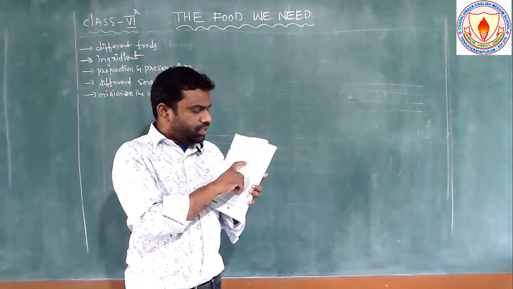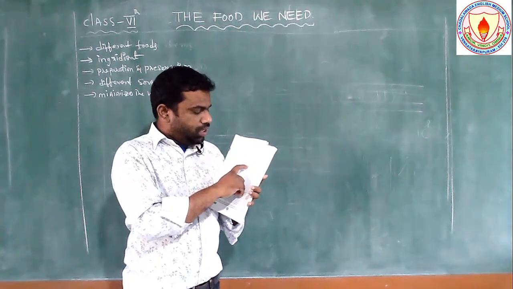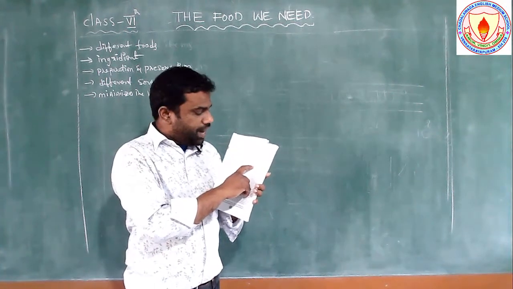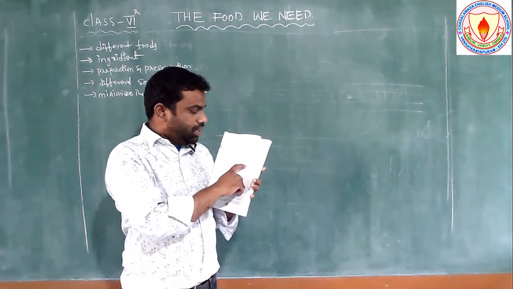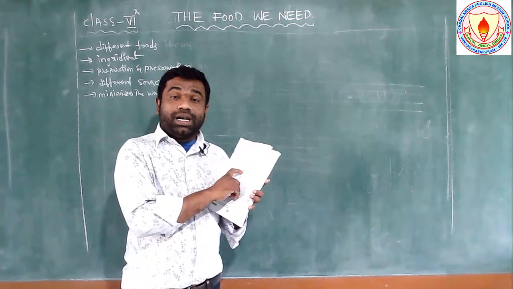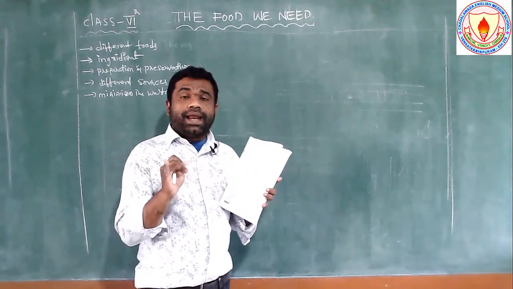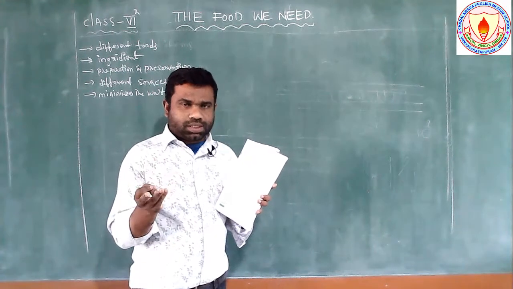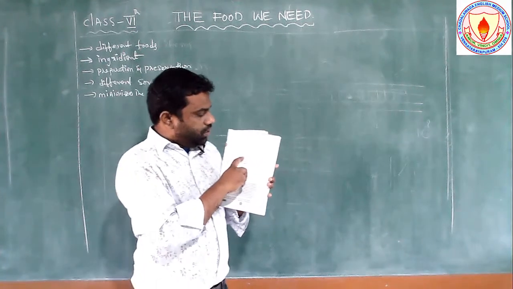Semia is from the plants, and dry fruits are also from the plants. Sugar comes from sugar cane, which is also a plant, and milk we are taking from the animals. So there are different sources: plants, animals, and the general sources, other sources. Here you have to fill in dry fruits.